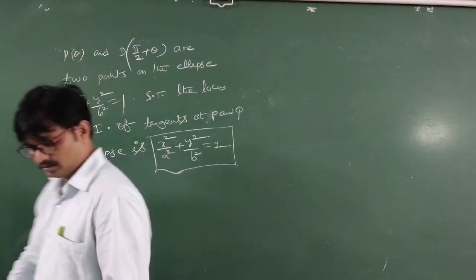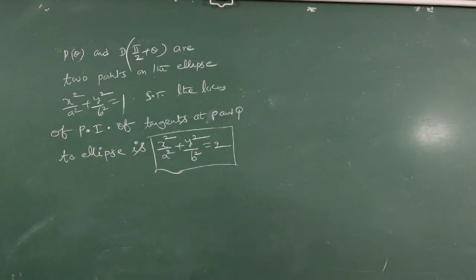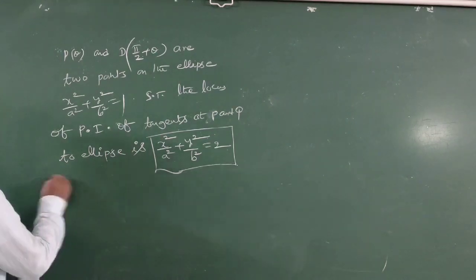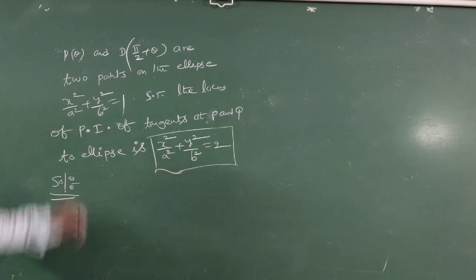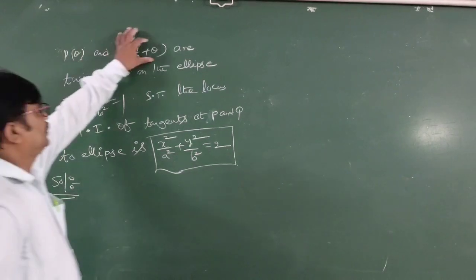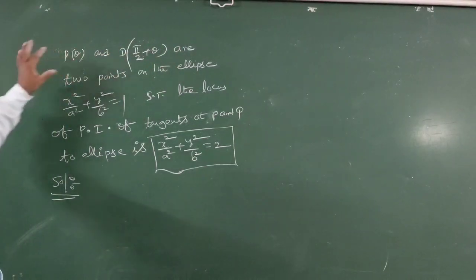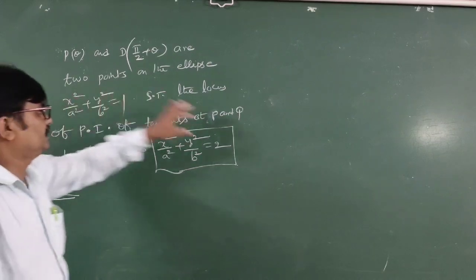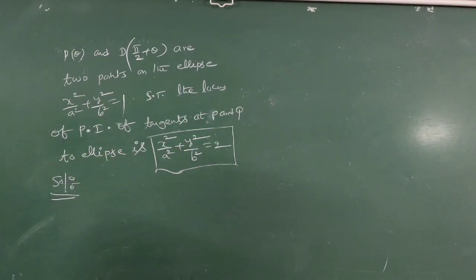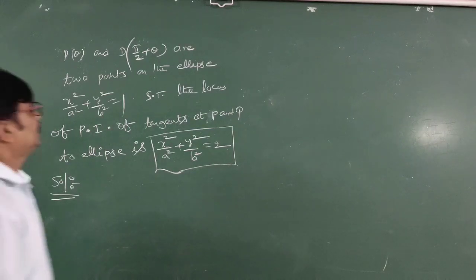Now students, what we are concerned with here, how to write, my dear students? P of theta and D of 90 plus theta are the 2 points on the ellipse, so that the locus of the point of intersection of the tangents at P and Q on the ellipse is x square by a square plus y square by b square equal to 2.